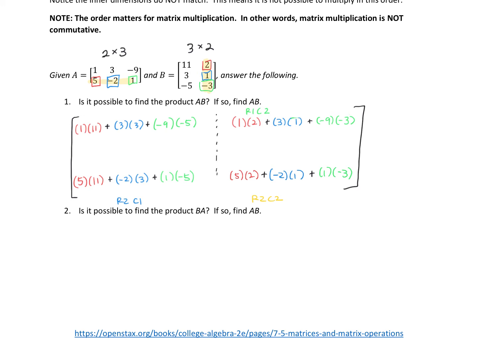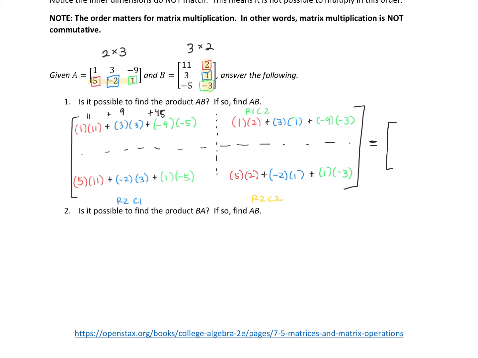Once you actually do the multiplication and the addition of the red, blue, and green parts, you will see that you have 4 elements. So let's see what I get. So this is 11 plus 9 plus 45.